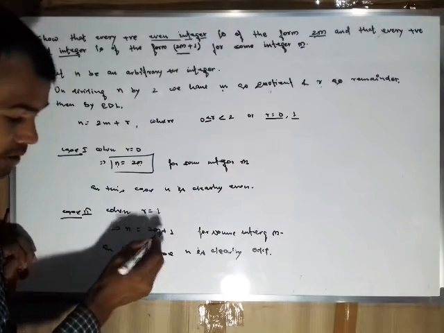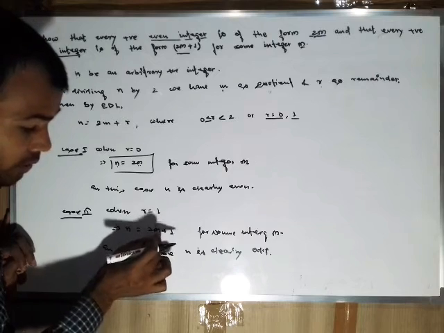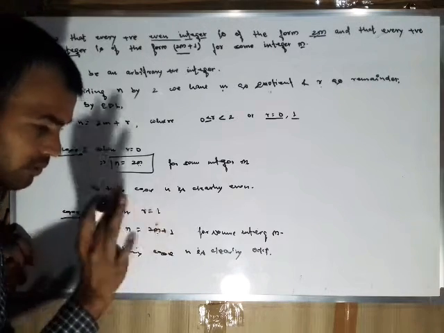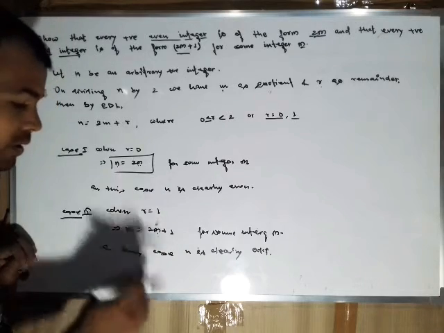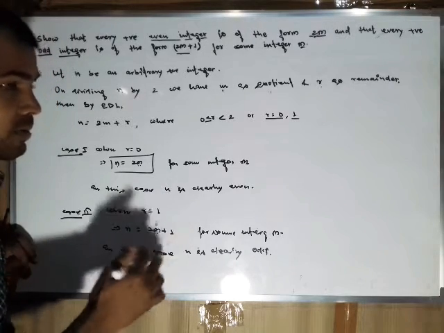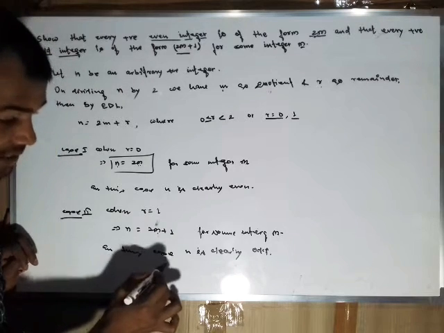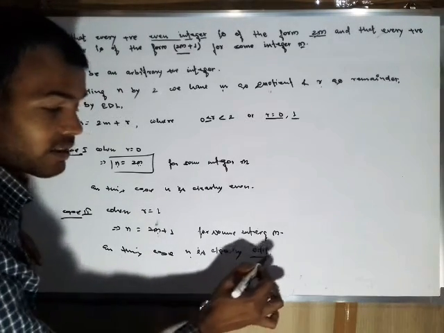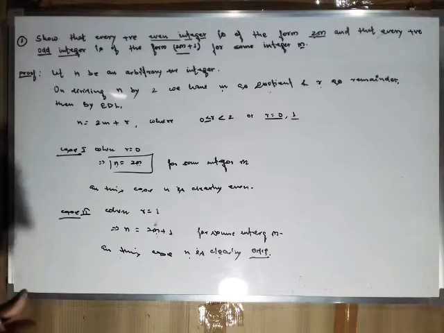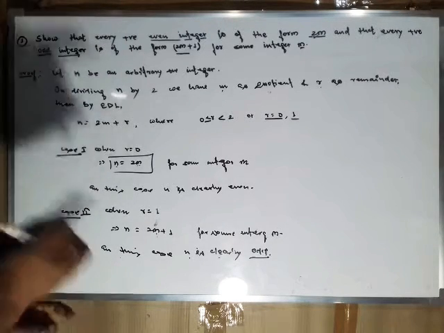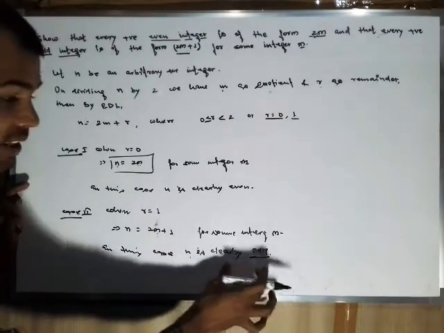If you put 1, 2, 3, 4, 5, 6 in place of m, then first 2 into 1 plus 1 is 3, an odd integer; 2 into 2 plus 1 is 5, an odd integer; 2 into 3 plus 1 is 7, totally odd integers. It means in this case n is clearly odd.